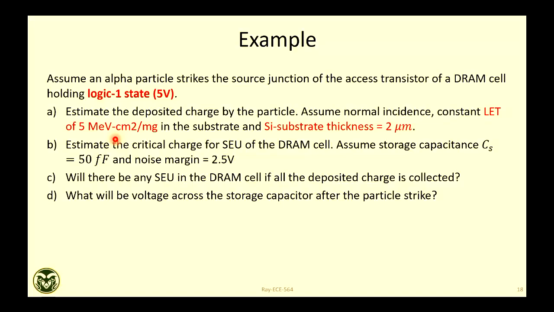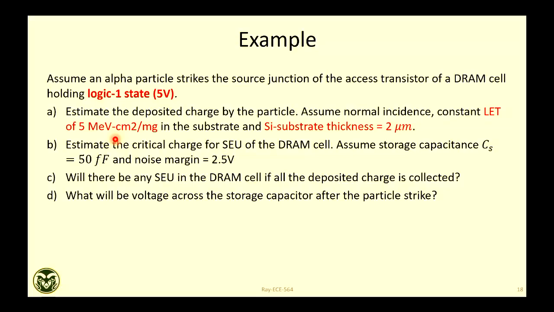So here Q deposited per unit length is the LET times 0.01, right? Picocoulomb per micrometer. So that is deposited per unit length. What is the total charge deposited? You have to multiply by length, right? So Q deposited total will be the thickness of the device, the P silicon, times this one.